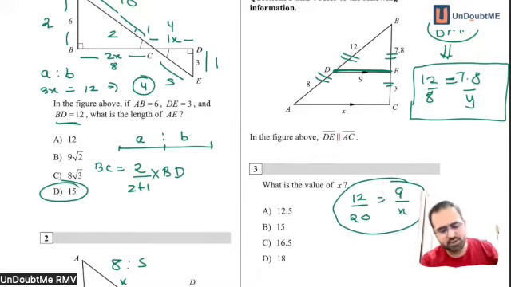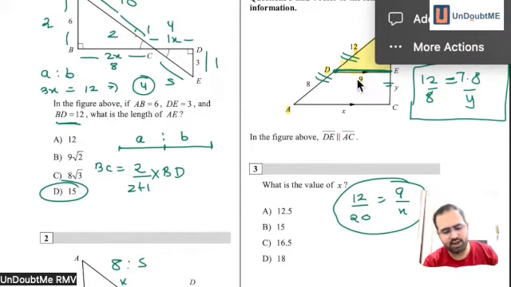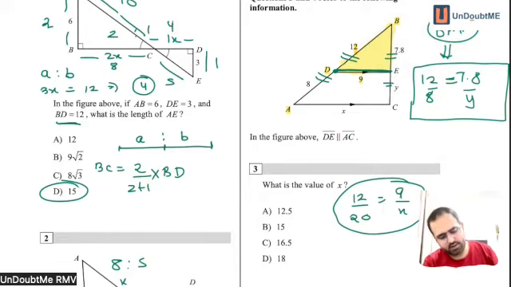Which triangle am I taking? This one, and the whole big triangle. For the smaller triangle side is 12. For the bigger one, 12 plus 8. So 12 by 20 is equal to smaller 9 by x. That will give you the answer correctly. 15. And to get the value of y, you can use this only.